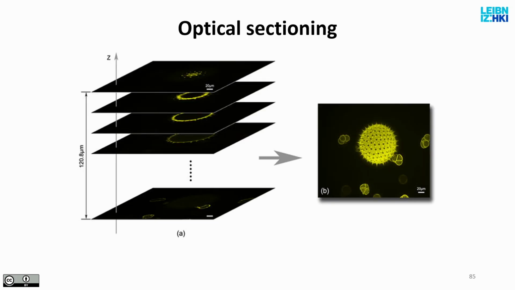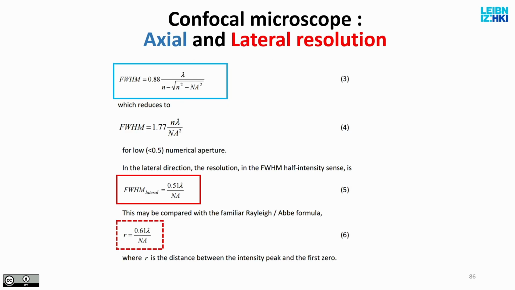Optical sectioning we talked about already. So basically, the whole collection of the data would be XY scanning and then moving the focal plane and then reconstructing the full image. And this is digital, this is computer-based, it's not really a live analog image from this technique. For the resolution, we have formulas.